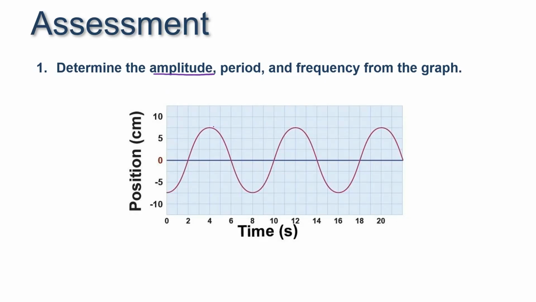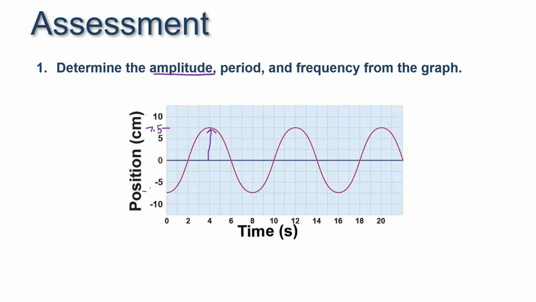So to determine the amplitude, you just got to go from peak to valley. So there's a midway point right here. This is midway between 5 and 10, which is 7.5.